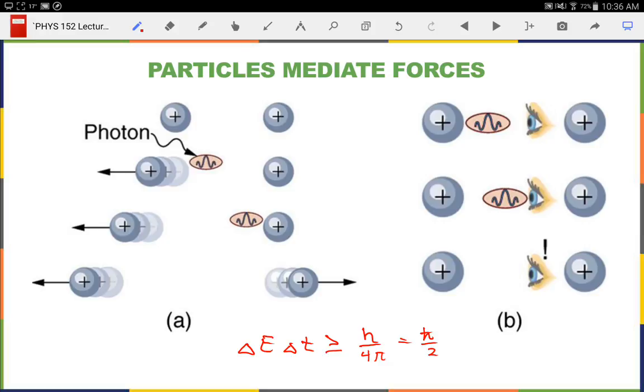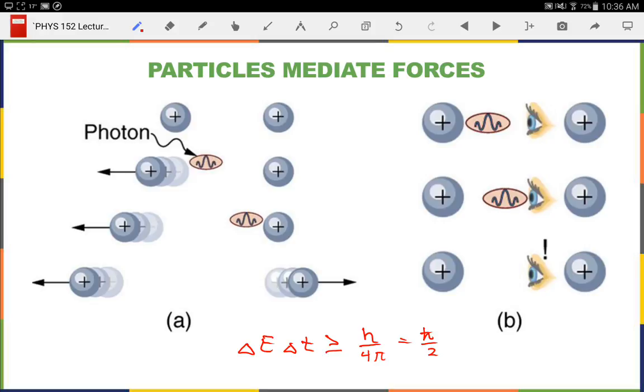That was our uncertainty relation. And the physicist said, hey, it is no problem to violate conservation of energy as long as the amount of the violation, the delta E, multiplied by the time through which you're violating conservation of energy, delta T, is under that h bar over 2.